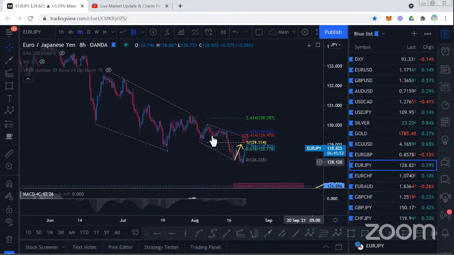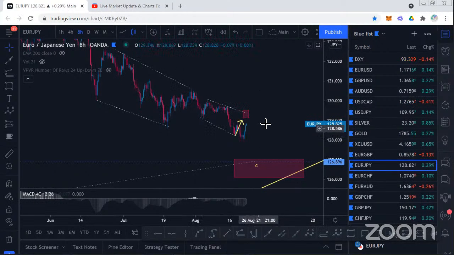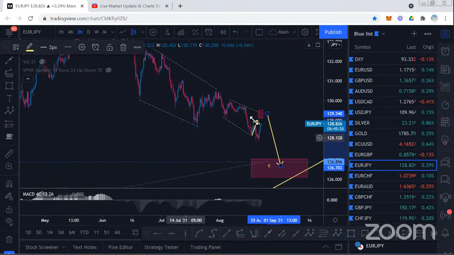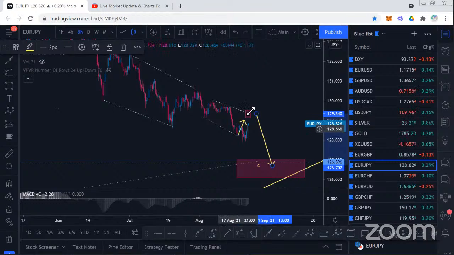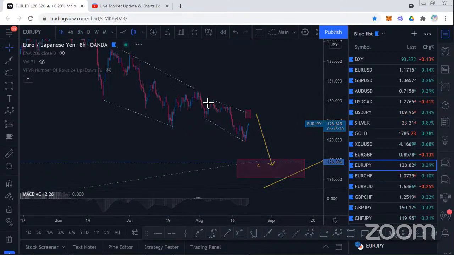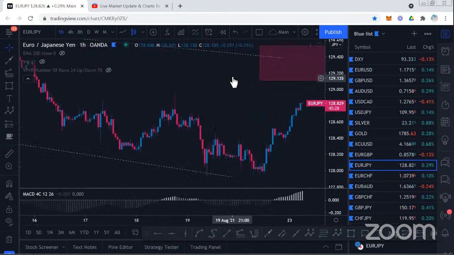You guys remember last week we were looking for that bounce up towards this 129 region and a potential sell from there, kind of a short-term day trade sell down towards the 126 region, 126.70, somewhere around there. So a pretty decent structure, not the best ever, but it is decent in terms of a structured day trade. The members know we're looking for a structured day trade in this region.